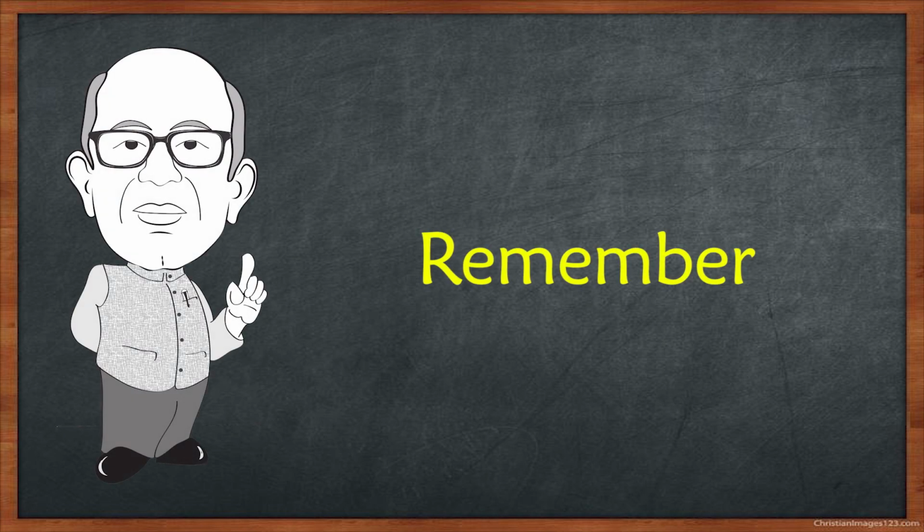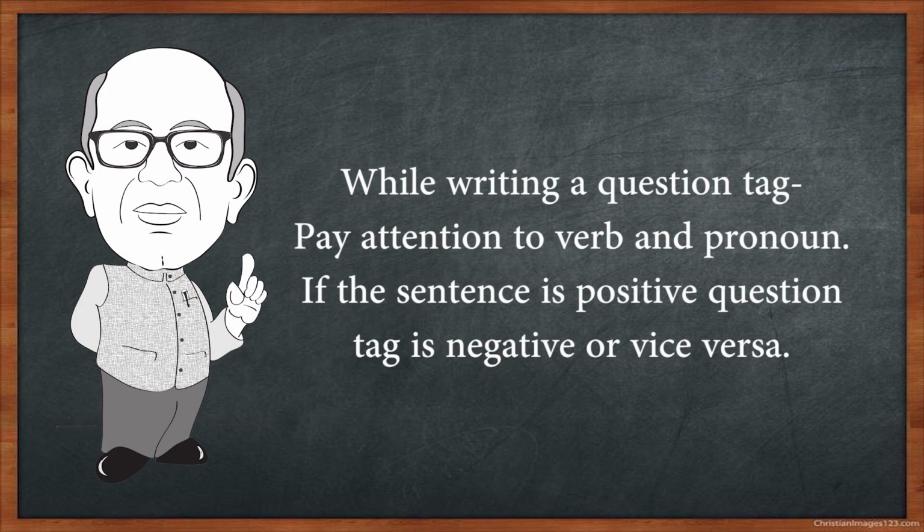Now let me summarize. While writing a question tag, pay attention to verb and pronoun. We are interested only in two things whenever we write the tag, verb and pronoun, because these are the only two things you will find in any of the examples above.